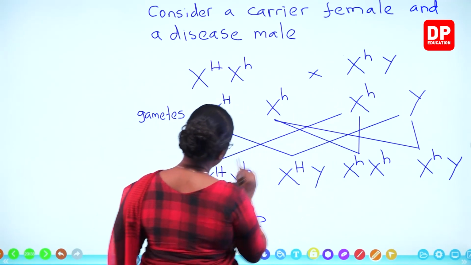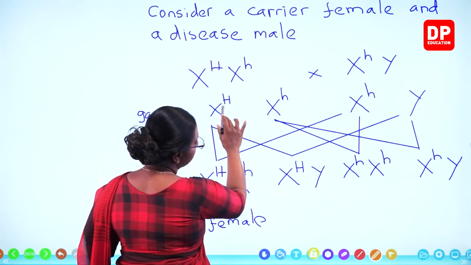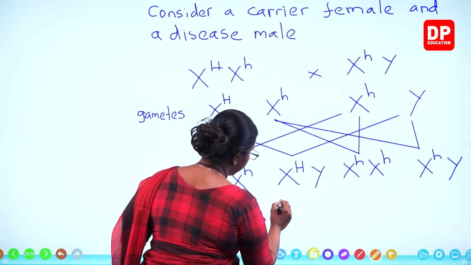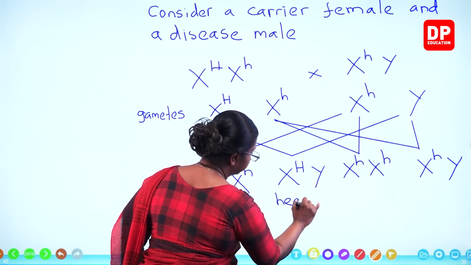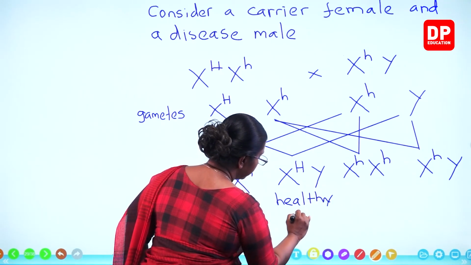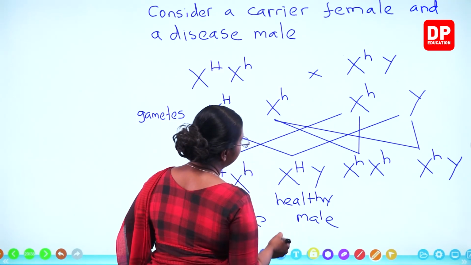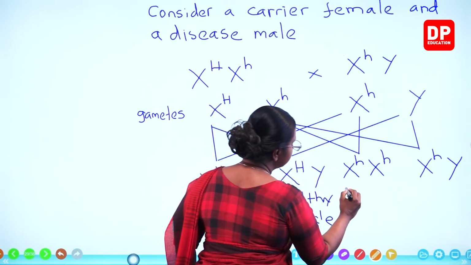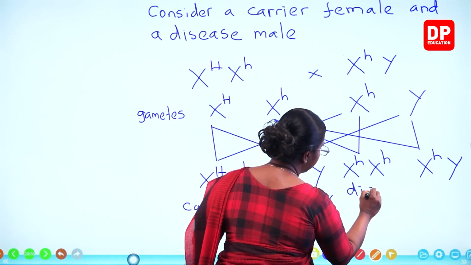Capital H, simple H, carrier. Then you get X capital H and Y, healthy male. And here this is a disease female.